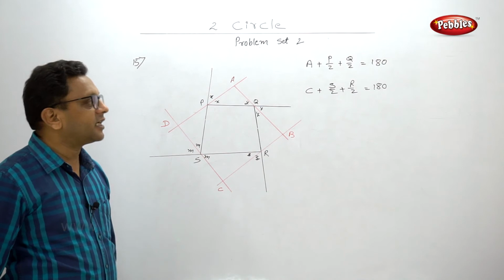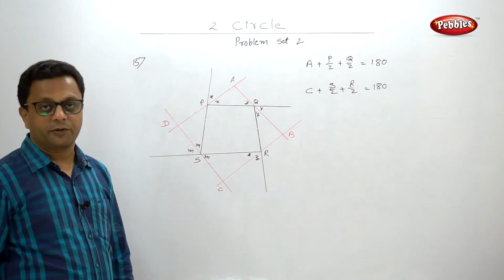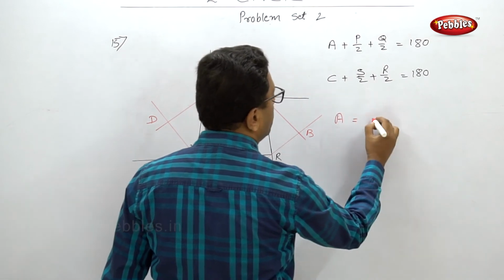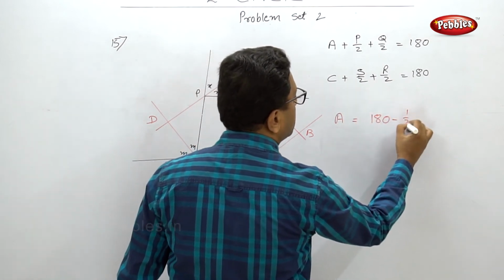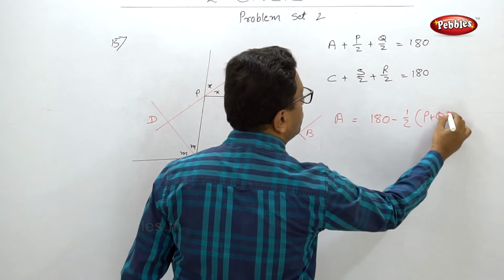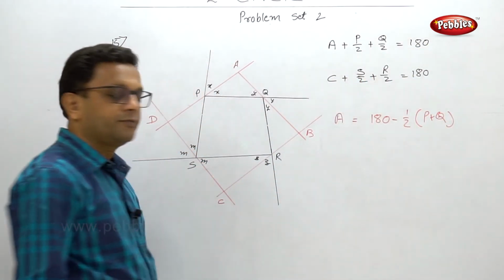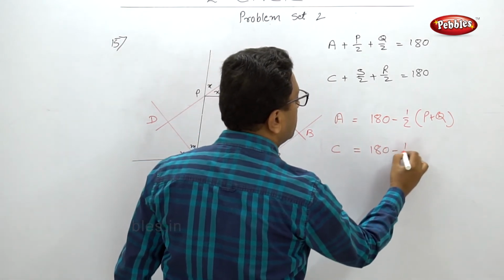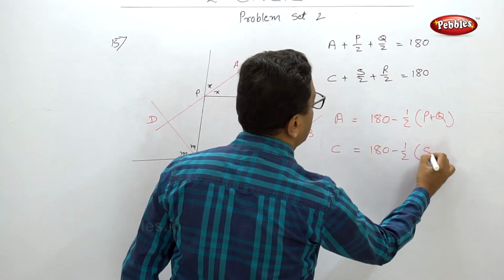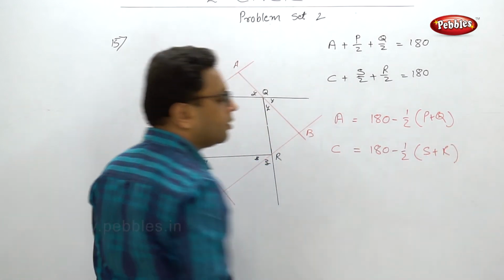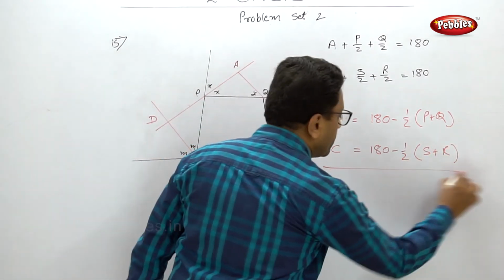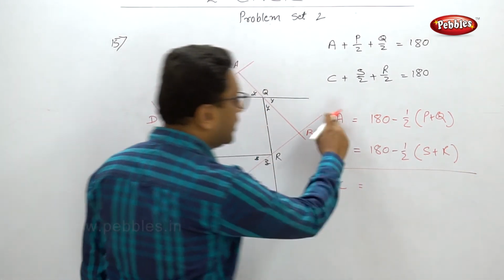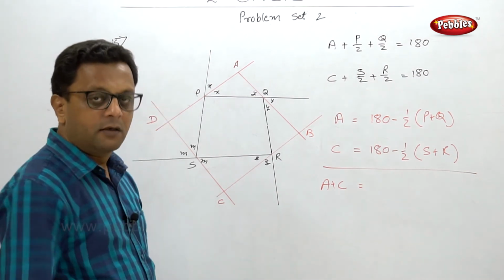The equation is exactly similar to our previous example's equation. From this first equation I will get A is equal to 180 minus 1 upon 2 (P plus Q). These two will go there. And from here we will get C is equal to 180 minus 1 upon 2 (S plus R). When you add these two equations, what will we get? A plus C, angle A plus angle C, I am not writing the angle sign here.